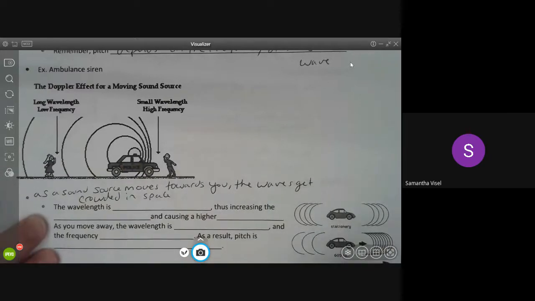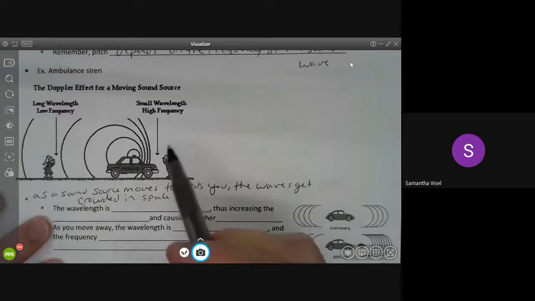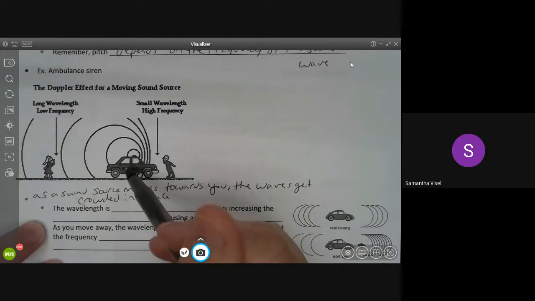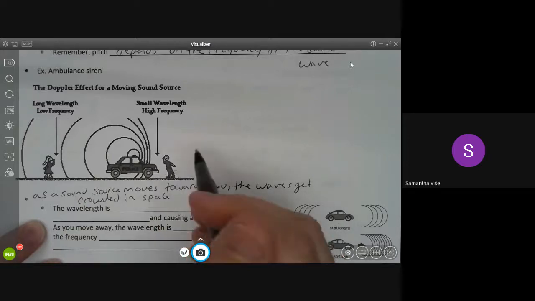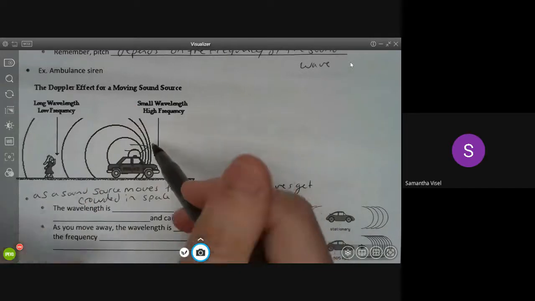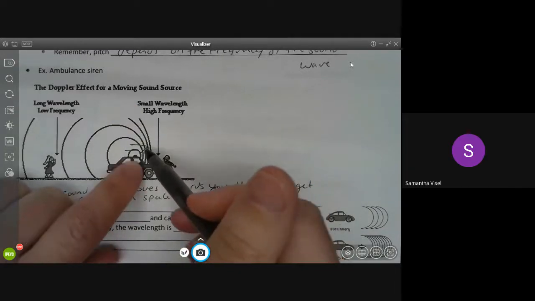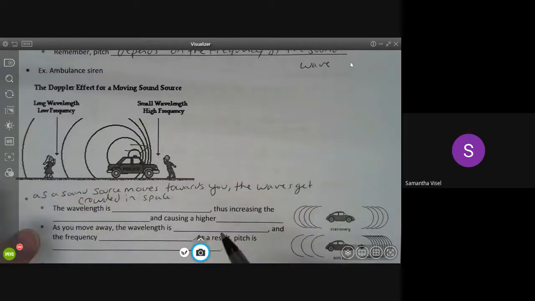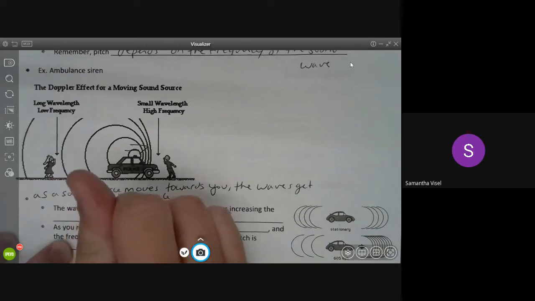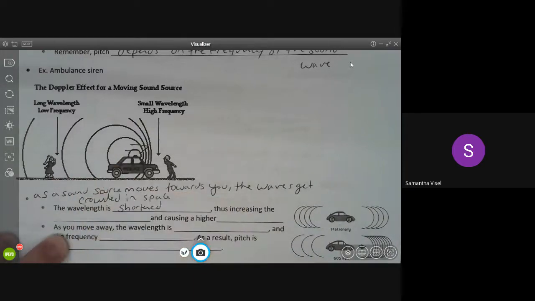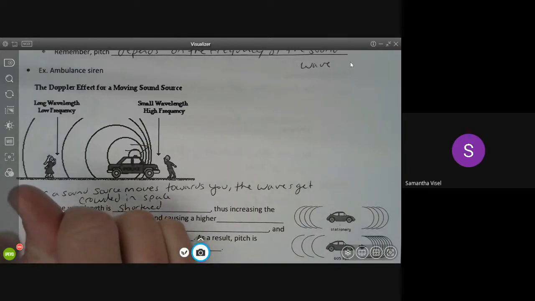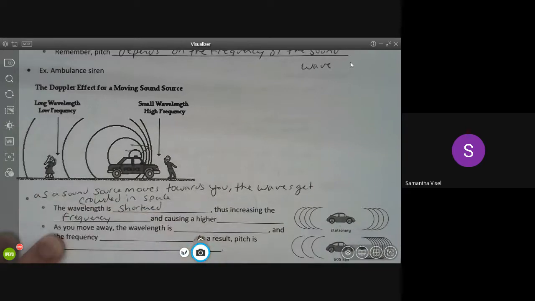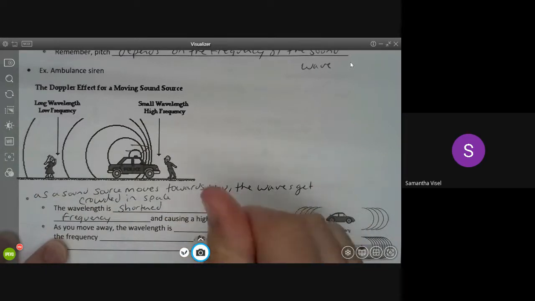The siren here is emitting sound waves in both directions, but because it's moving forward, this police siren is going to compact those sound waves into a smaller area of space. And as that wavelength is shortened, that's going to increase the frequency of the sound wave. So you have more waves occurring in a smaller area of space, and that's going to create a higher pitch.